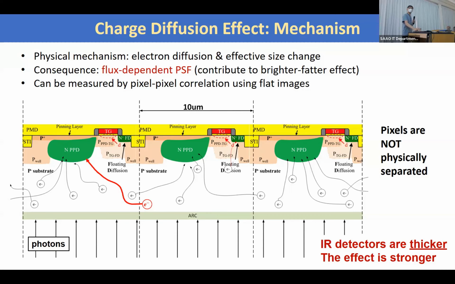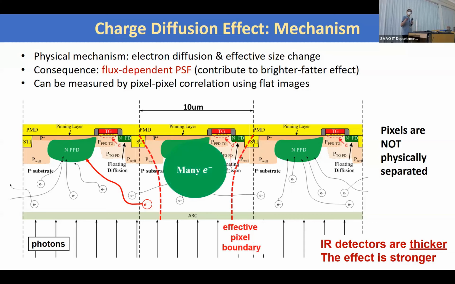The other one is, if one pixel has already accrued many electrons, you will change the electric field. So this pixel will be less attractive to the following electrons.